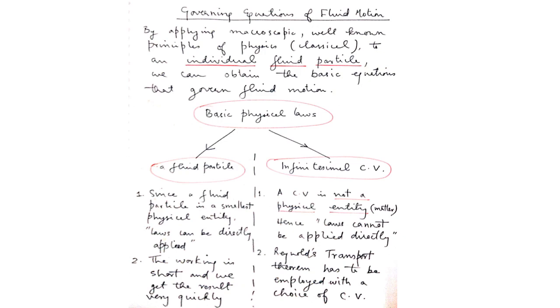So in a nutshell, we have two approaches, the particle approach and the infinitesimal CV approach, for deriving all physical laws which are governing the fluid motions in differential form. We will see now how we can proceed with the two approaches, and I take the case study of the law of conservation of mass, the example where I try to demonstrate the two approaches.